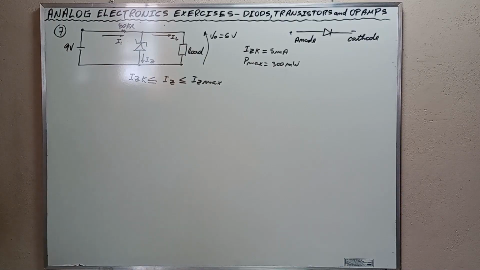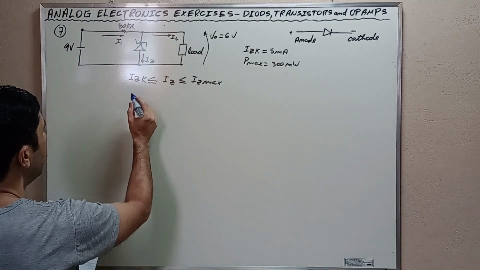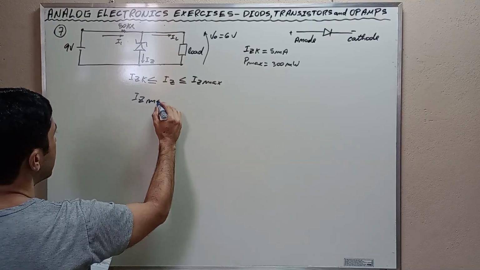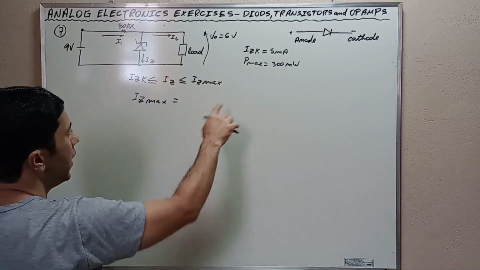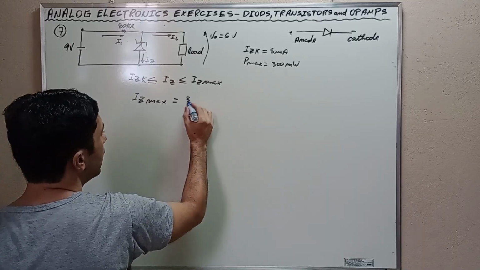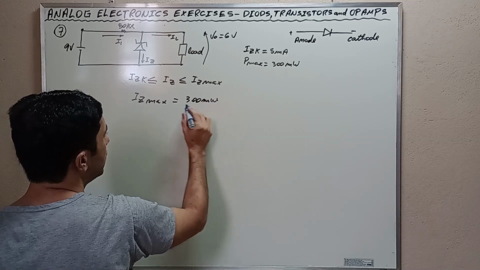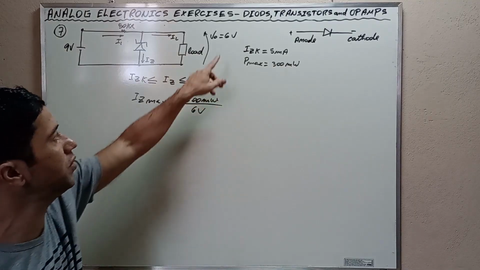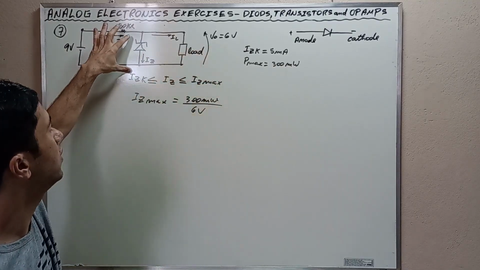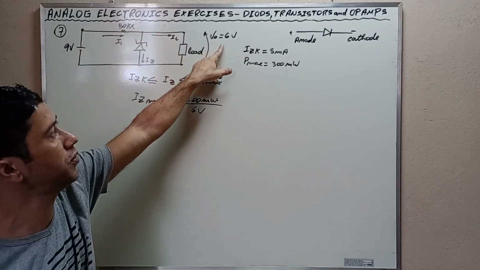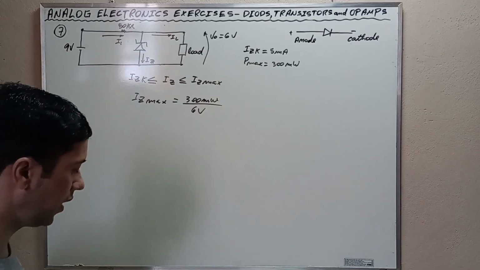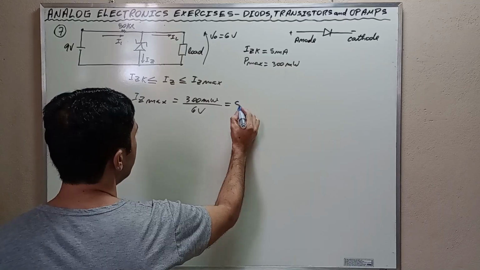IZ max is equal to the maximum allowed power dissipation, 300 milliwatts, divided by 6 volts, because we want to keep this voltage, the voltage of the Zener. We assess the current for the maximum power dissipation, and this is equal to 50 milliamps.